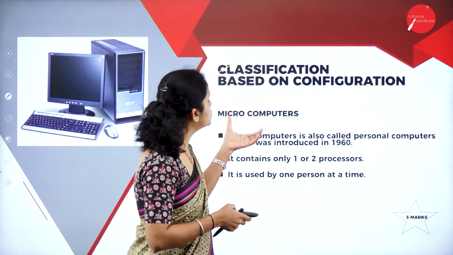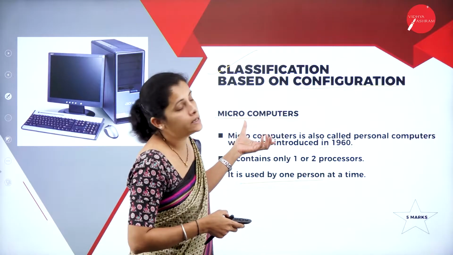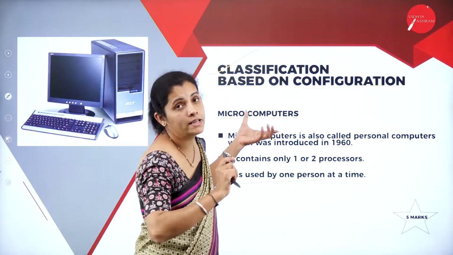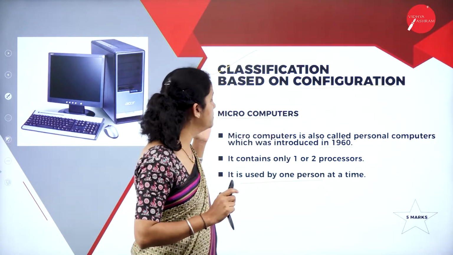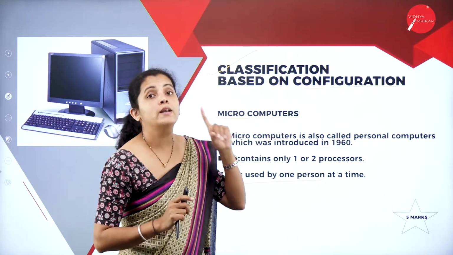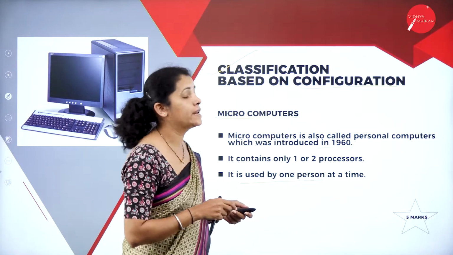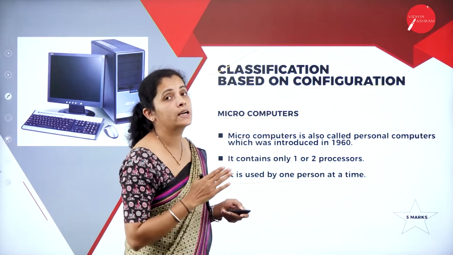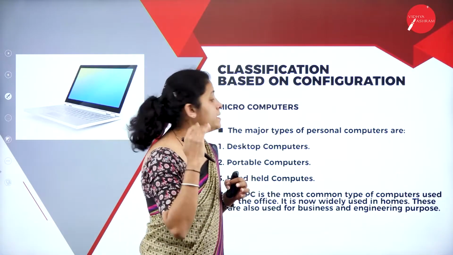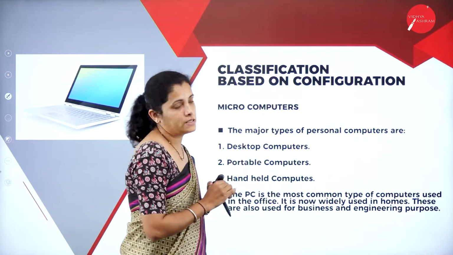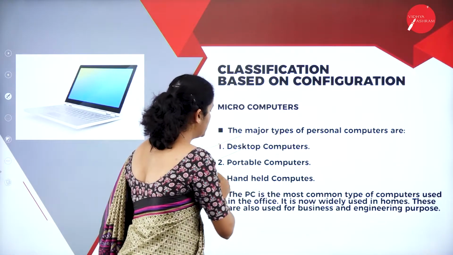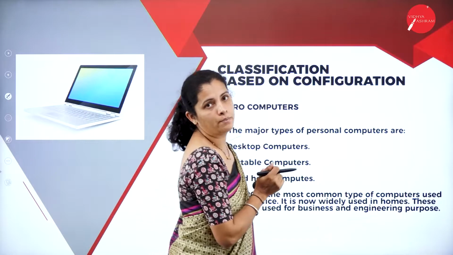So this is the most commonly used and fastest growing computer system, and it contains one or two processors, and only one user can use that computer at a time. There are three major types of personal computers: desktop computer, portable computer and handheld computer.